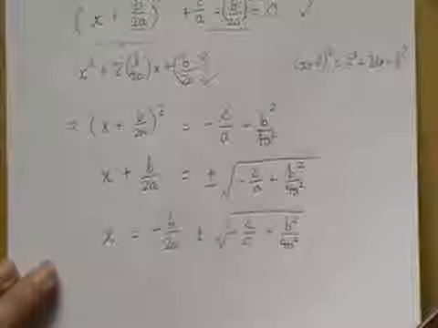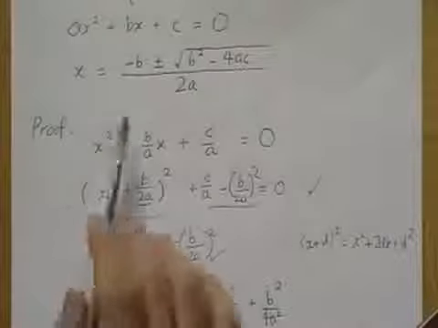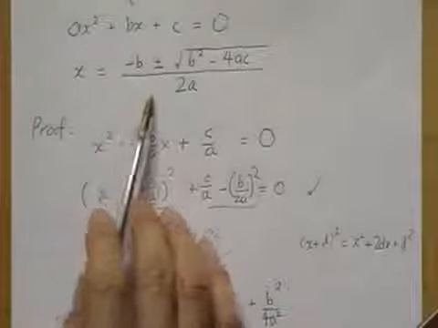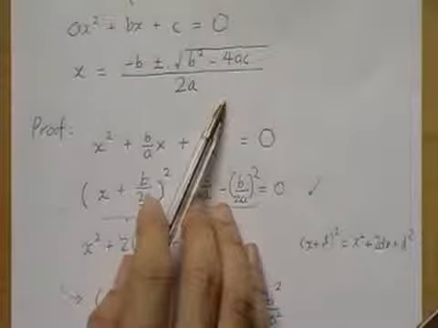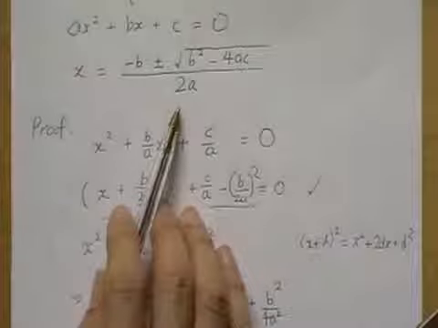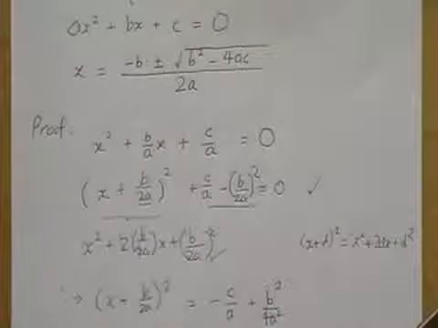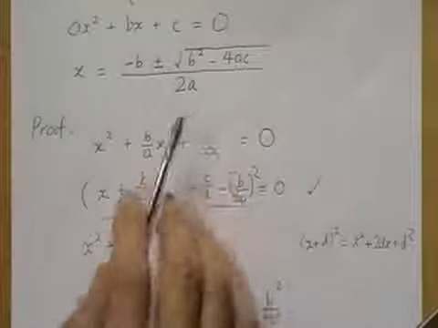Now, but let's check against what I've written down earlier. If you look at that expression there, it does not quite look like what I have just obtained. The reason is that I would need to rearrange my answer in order that it would look like this.